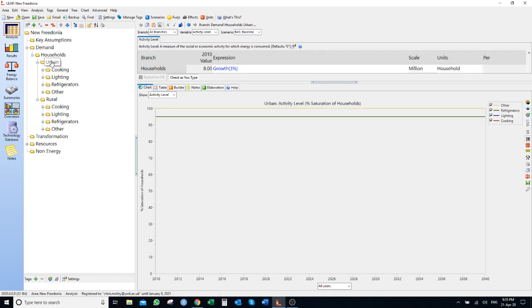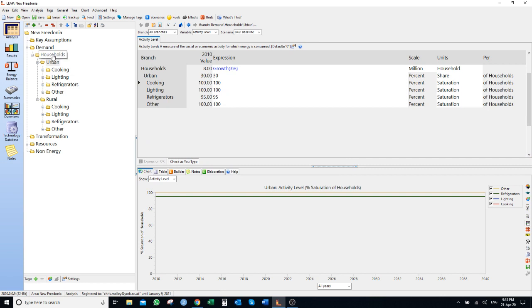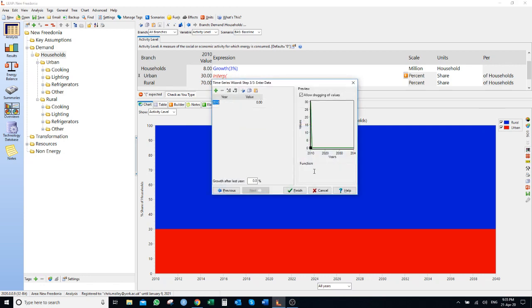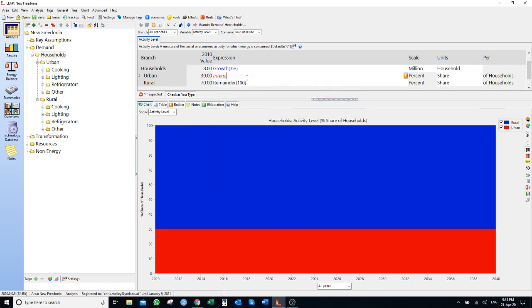Our next piece of information is that the number of households in urban areas are going to increase to 45% by 2040. In this case, we're not applying a percentage growth rate. We know what the value is in a particular year. We know what it's projected to be. And in this case, the function to use is called interp.